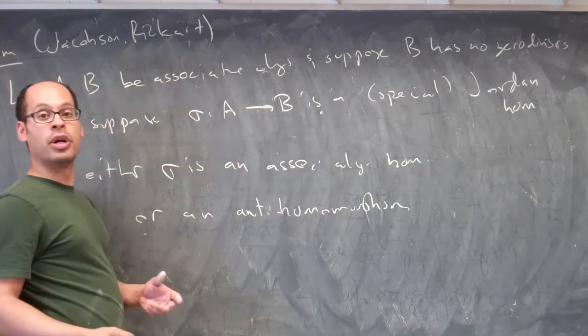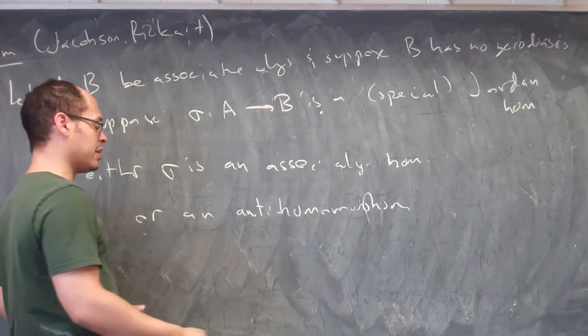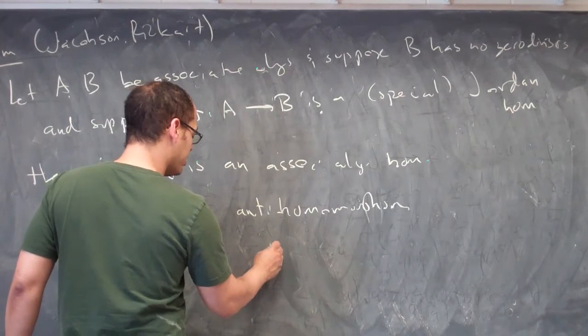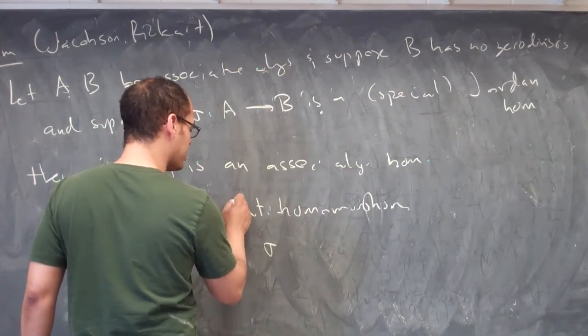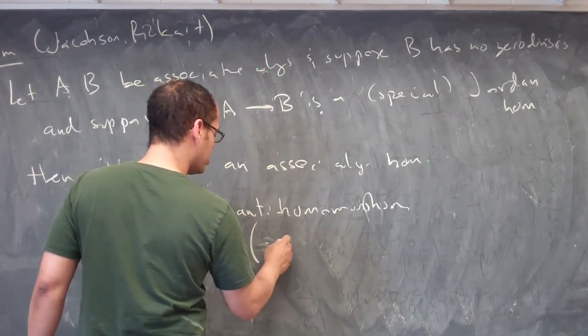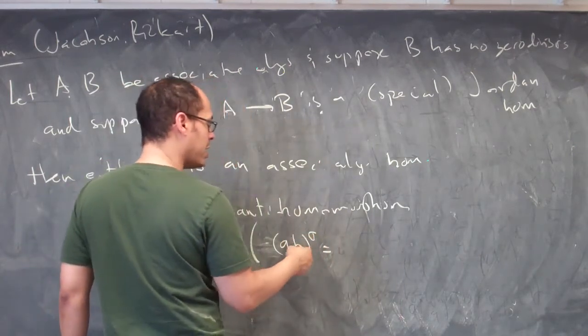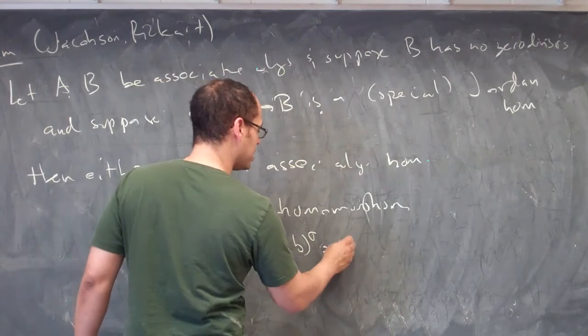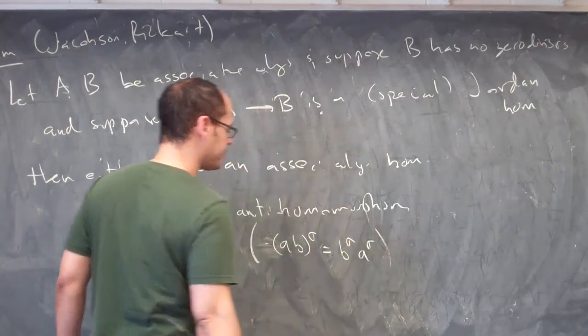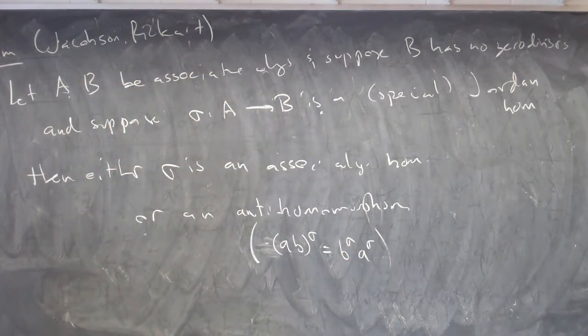So it's a homomorphism from the algebra to its opposite, if you will. So anti-homomorphism means that if I apply it to AB, then instead of getting A sigma B sigma, I get B sigma A sigma.